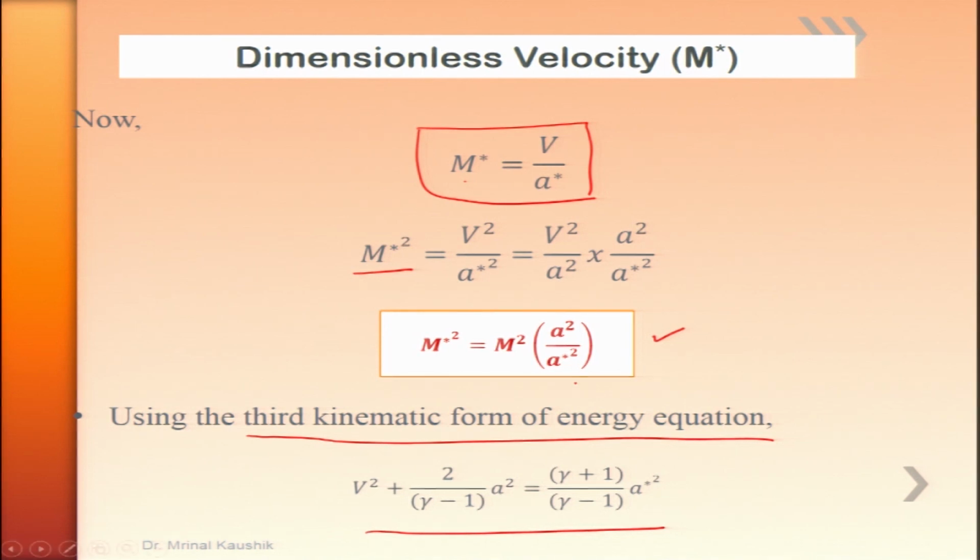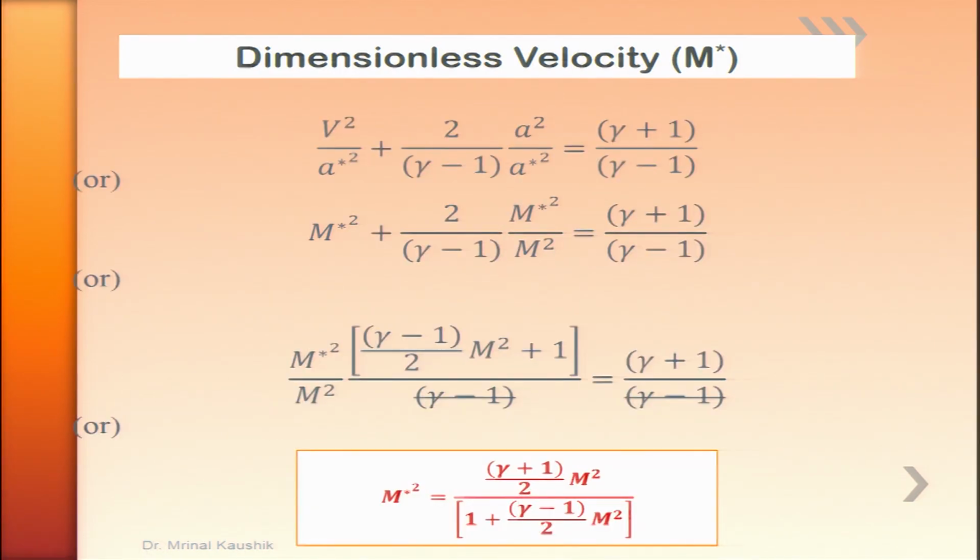Now, considering the third form we have just seen, V square plus 2 upon gamma minus 1 A square is equal to gamma plus 1 upon gamma minus 1 A star square. If we divide the left-hand side by A star square, we obtain V square upon A star square plus 2 upon gamma minus 1 A square upon A asterisk square is equal to gamma plus 1 upon gamma minus 1.